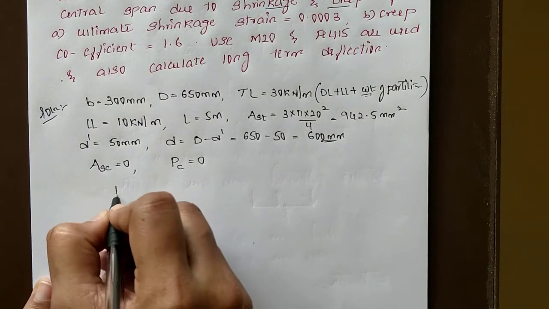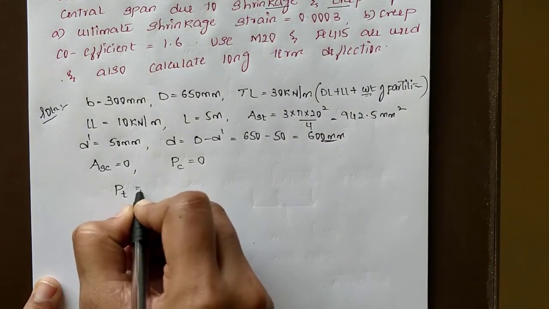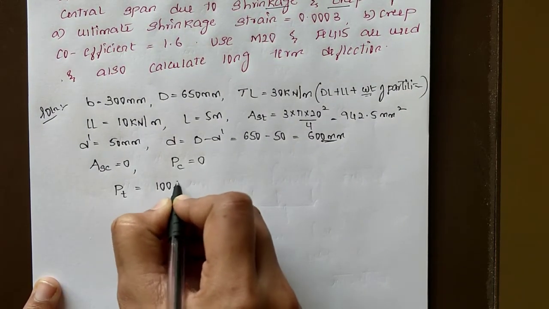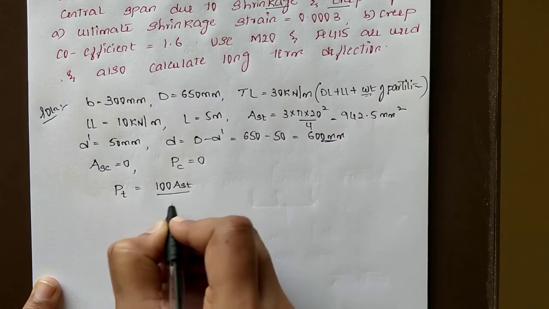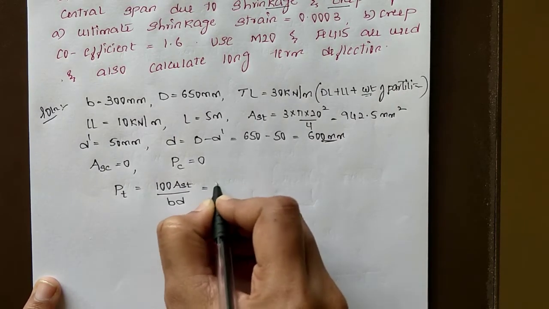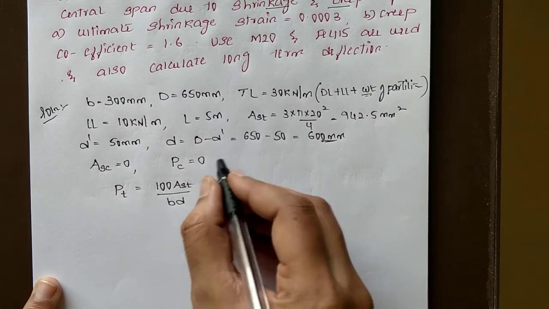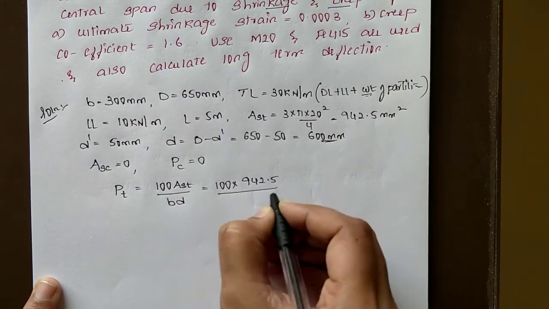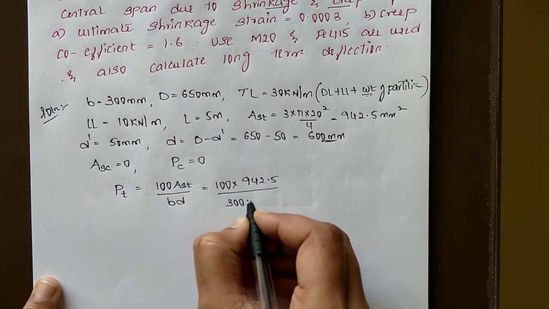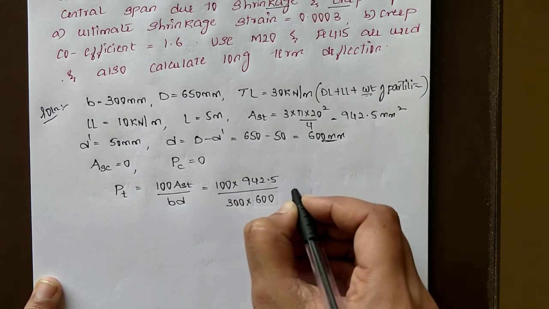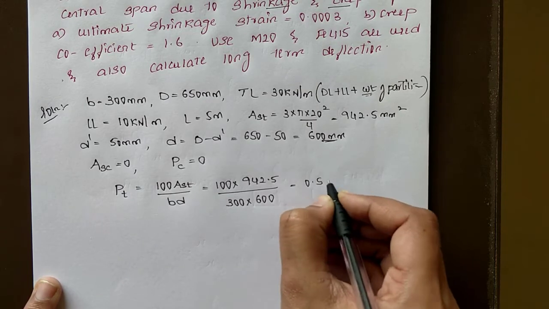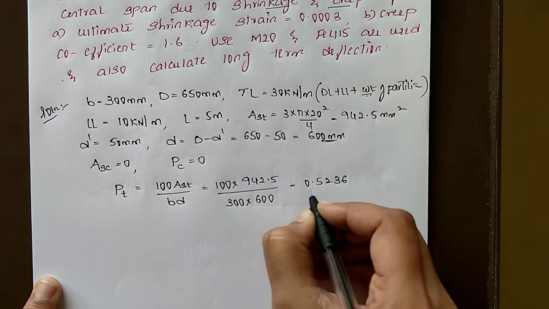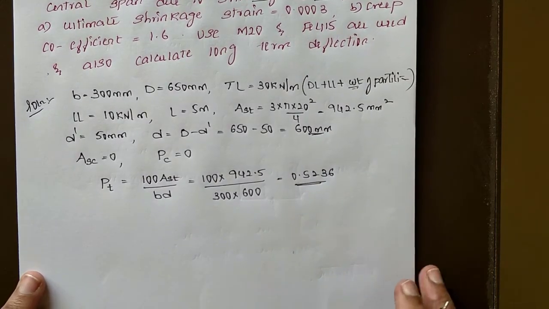Then calculate percentage of tension reinforcement, that is pt, given by 100 Ast divided by b into d, that is 100 multiplied by 942.5 divided by b value 300 and the effective depth 600, you will get pt as 0.5236 percentage of tension reinforcement.